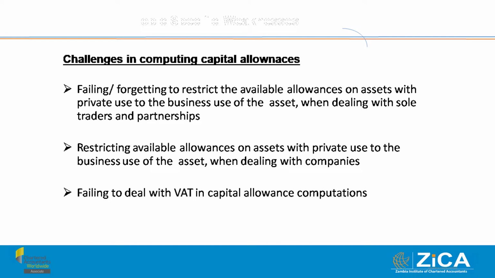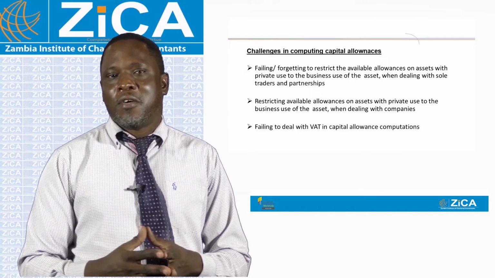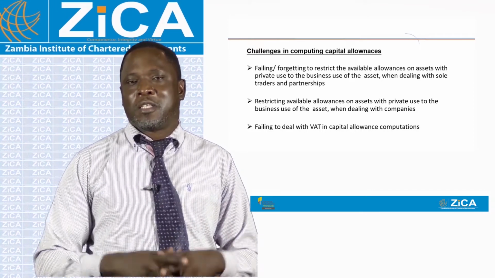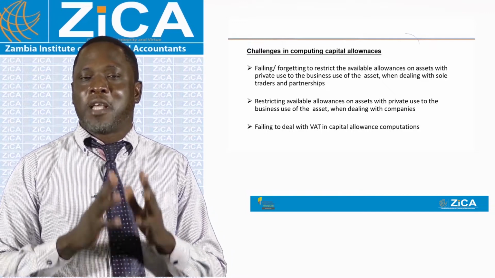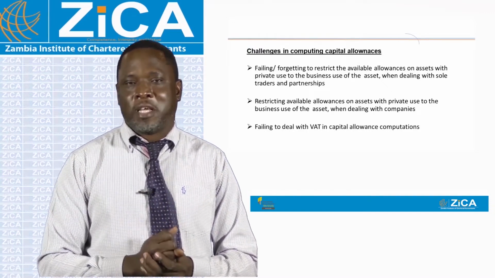You'll find that a student may restrict the capital allowance claimable to the business use when you are dealing with a company. Remember that when we are dealing with a company and there is an asset which was used partly for business purposes, partly for private purposes, the capital allowance is still claimed in full without restricting it.